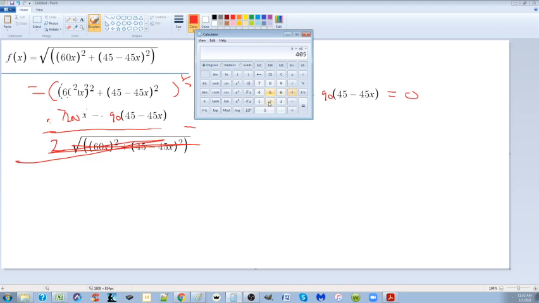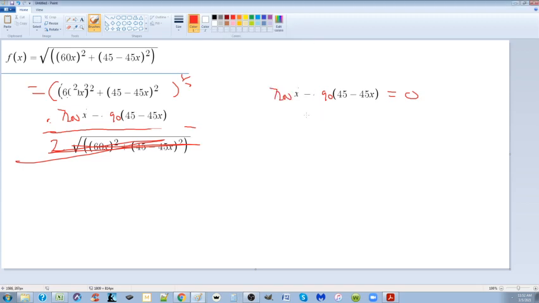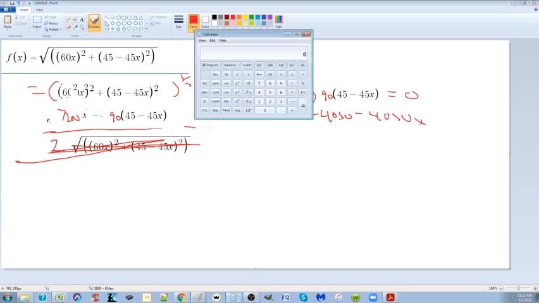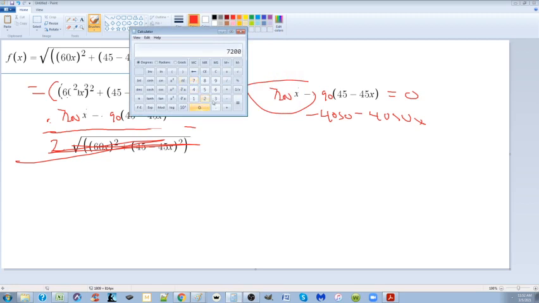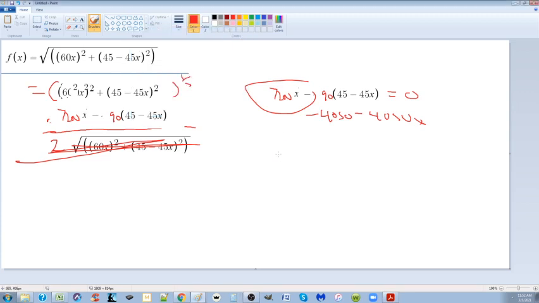I'll just multiply by 10 after. So we got 4,050. What's 7,200 minus 4,050? I'm just going to make sure of that calculation. Yeah, it is. So I got 3150x minus 4050 equals 0, so I just put the 4050 over there.